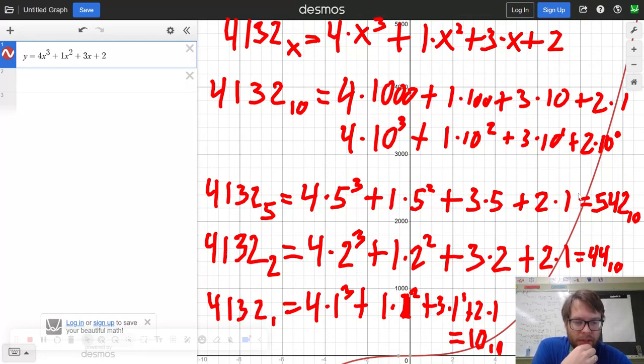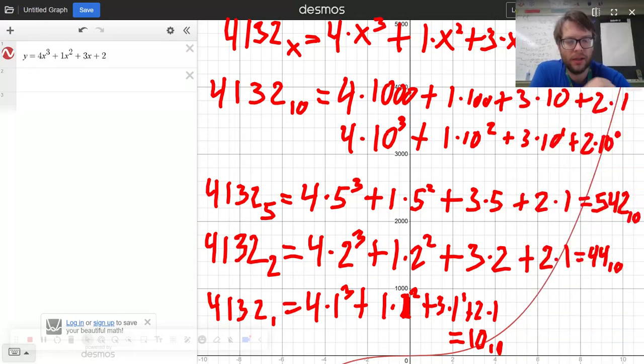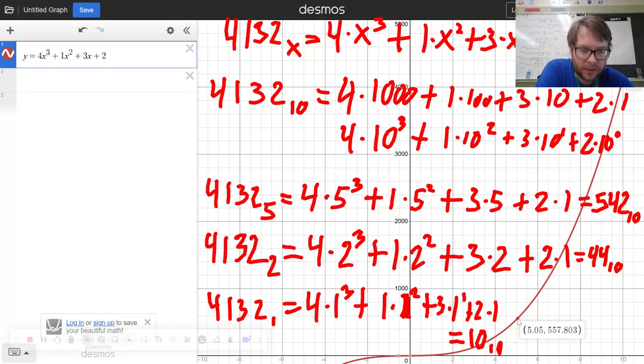If I go over here, let's move this out of the way, and I go down here to where x is equal to 5, I can see that the y value is 542, and that's the value of the number when it's written in base 5. When I write the number in base 5, it's worth 542, and that's the y value at x equals 5.